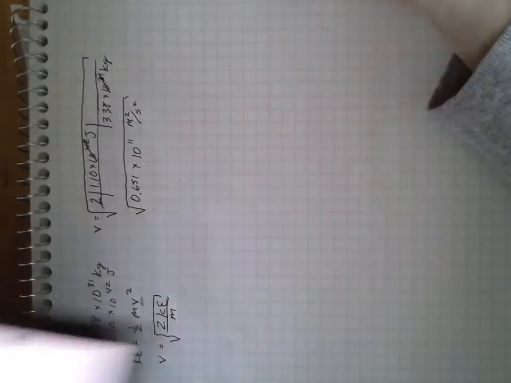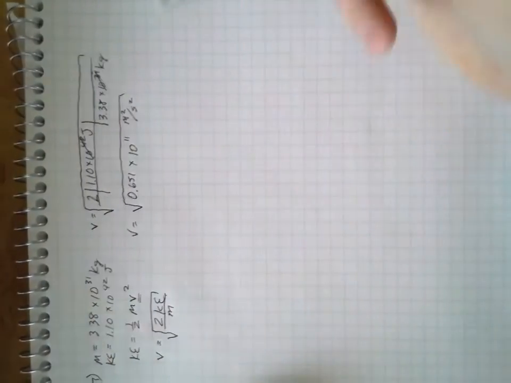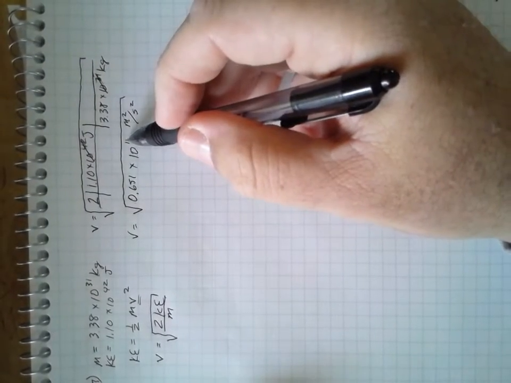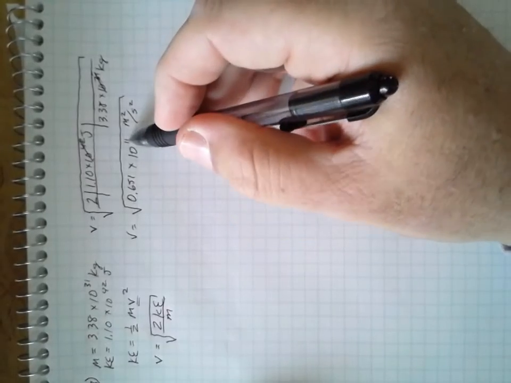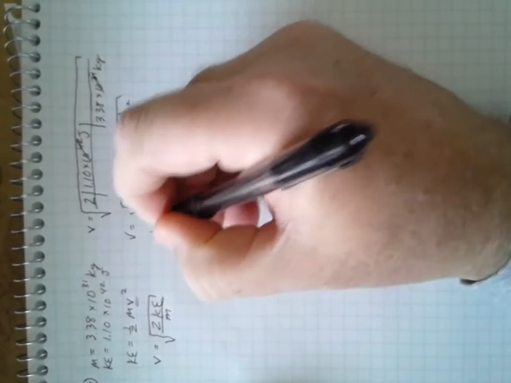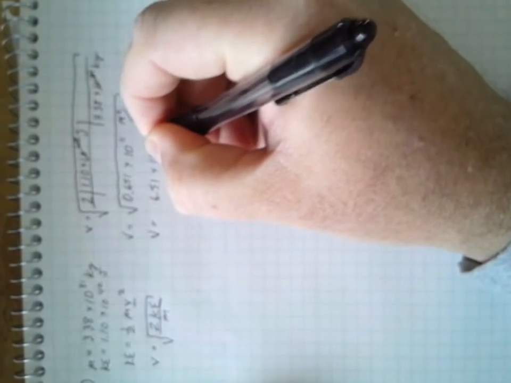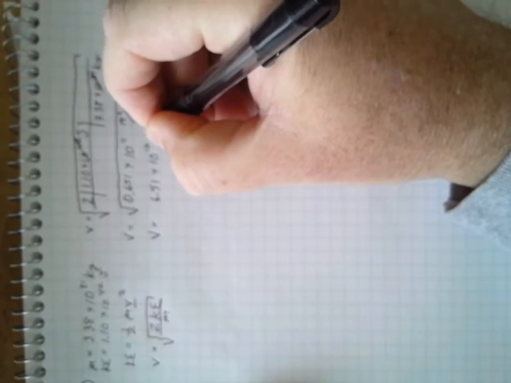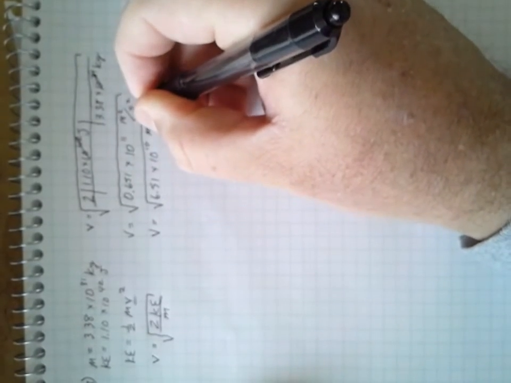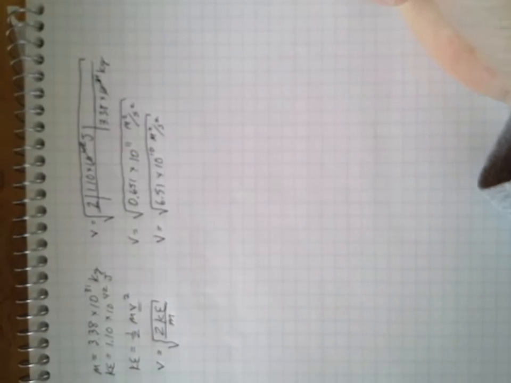Now I've got to put this into standard form. I'm going to multiply this by 10, which takes the 11 down to 10. So my velocity equals 6.51 times 10 to the 10, once again meters squared per second squared. I have not done my square root yet. Many of you forget to do the square root. You just drop it off for some reason and leave it alone.